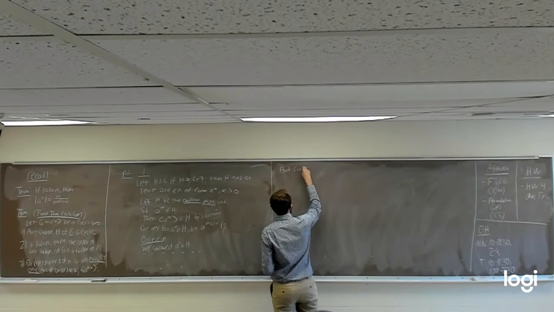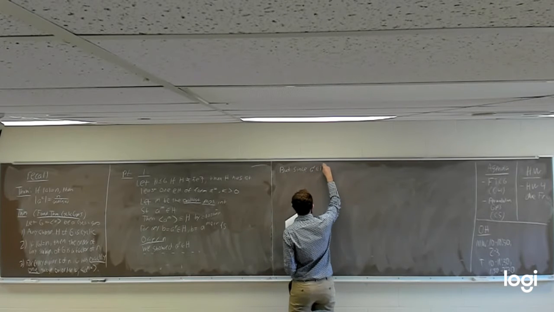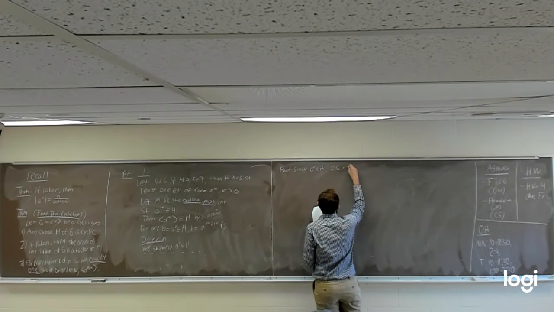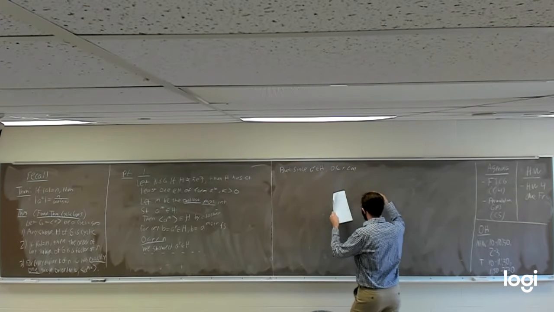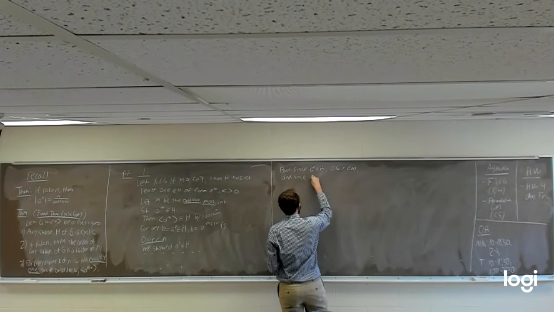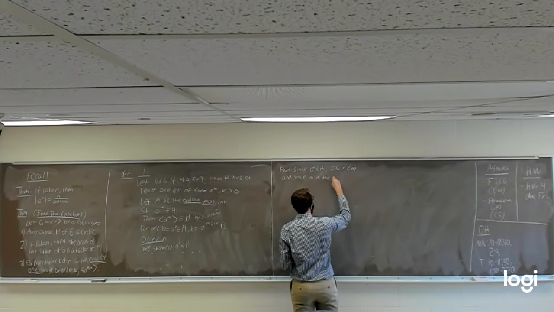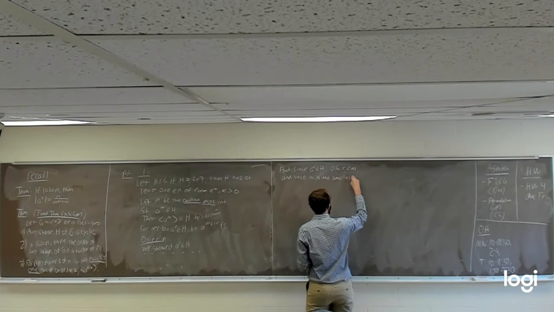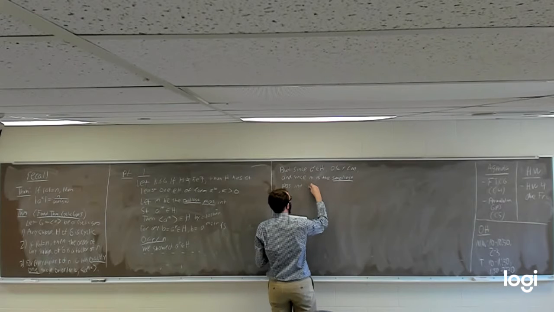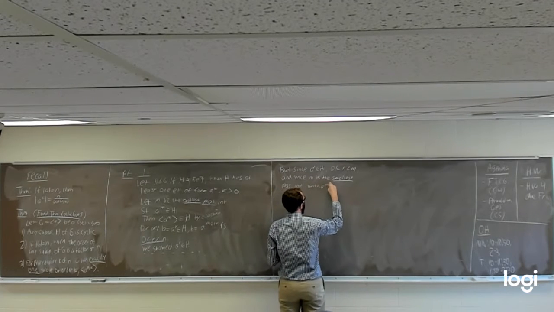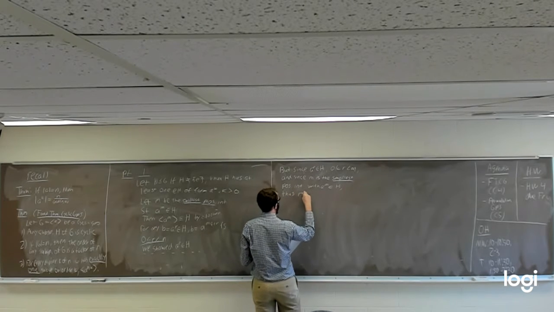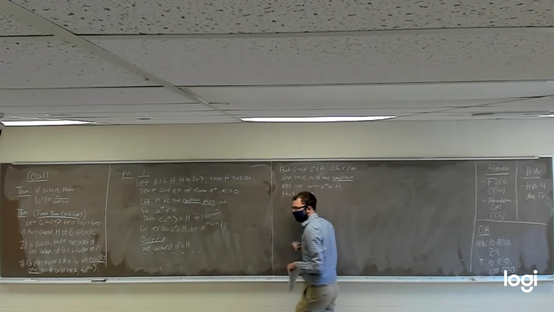So since A to the R is in H, R is strictly smaller than M and greater than or equal to 0, and since M is the smallest positive integer with A to the M in H, thus R equals 0.